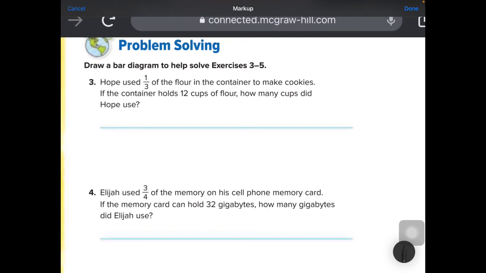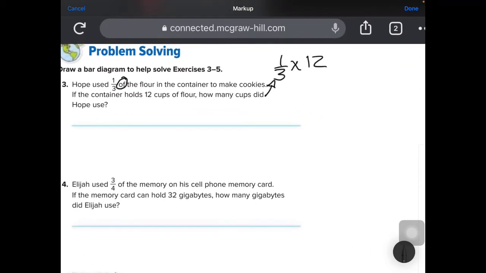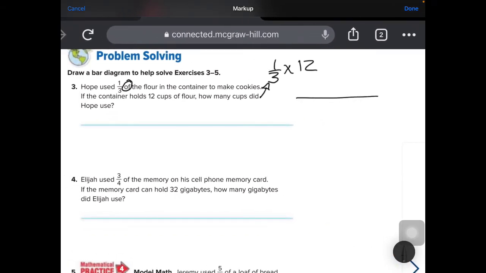Number 3, Hope used 1/3 of the flour in the container to make cookies. If the container holds 12 cups of flour, how many cups did Hope use? Here is our clue telling us it is multiplication. 1/3 of 12. Now there's our denominator. So we're going to draw a diagram over here with 3 cubes.